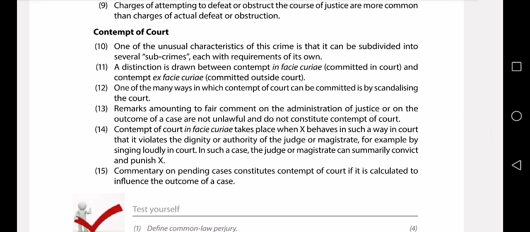Contempt of court. One of the unusual characteristics of this crime is that it can be divided into several sub-crimes, each with a requirement of its own. The distinction is drawn between contempt in facie curiae, committed in court, and contempt ex facie curiae, committed outside court.